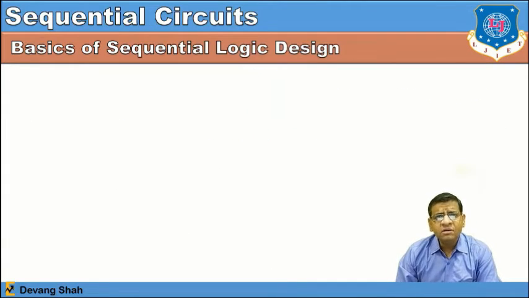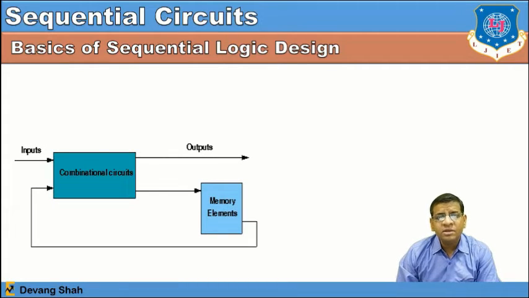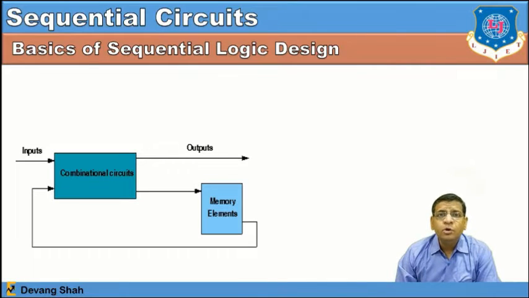Now based on that, if we want to define the basics of a sequential circuit, you can see there is a combinational circuit, but some part of the output is again fed back to the input, right? So here the output also depends on the input terms, right? The feedback of the bits is given through the memory elements, right?